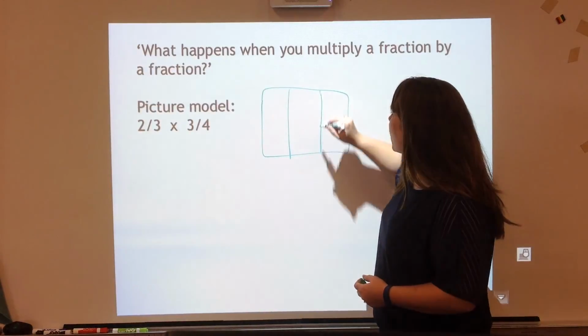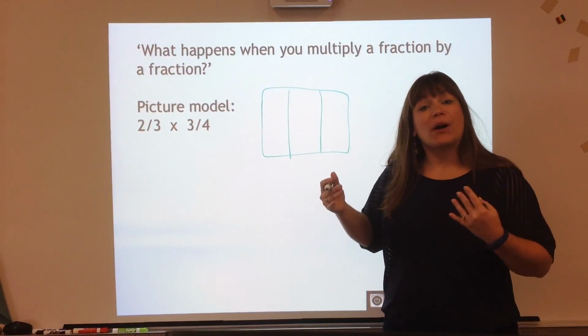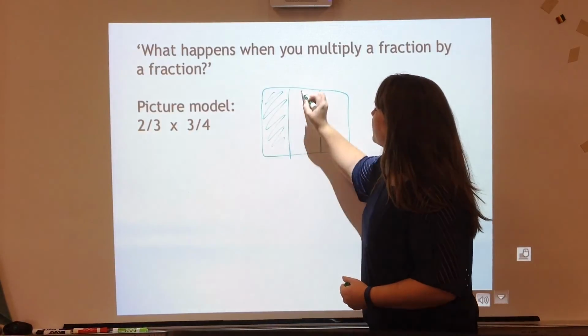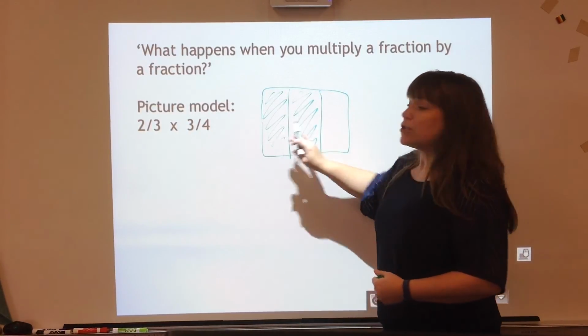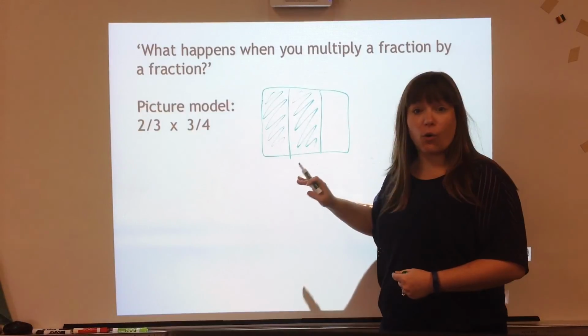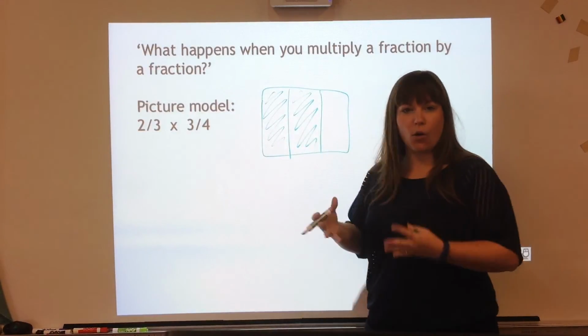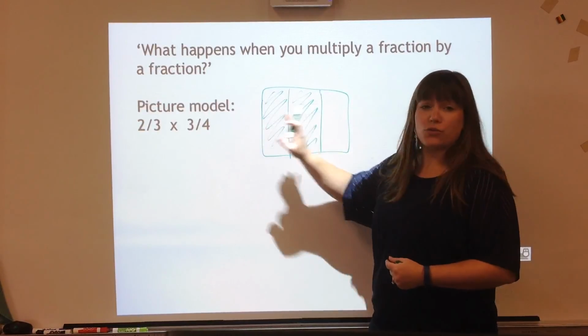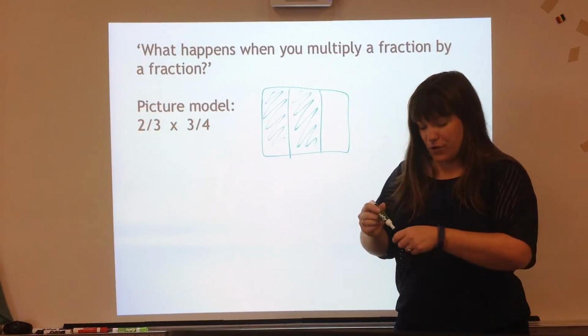So I'm going to draw two columns. It's not perfect, but two of the thirds is going to be talking about these two pieces of the whole. So if the rectangle represents a whole, or one, and it's divided up into thirds, two of them represents 2/3.